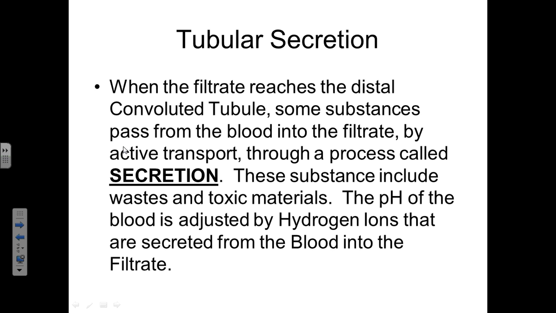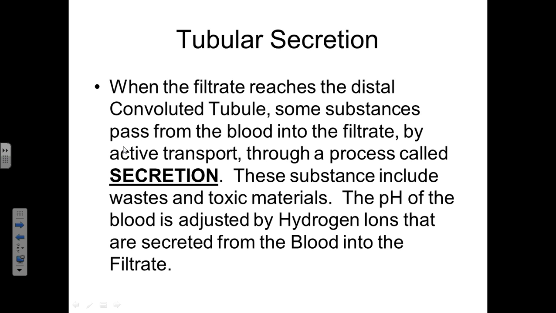So, by the way, what's filtrate mean? It's a word you've probably used in chemistry before. What's filtrate? If you're filtering something, it's the stuff that came through the filter. You poured it into the filter, it's the stuff that came through. So the filtrate is all the stuff that came out, in this context, of your blood and went into that nephron.